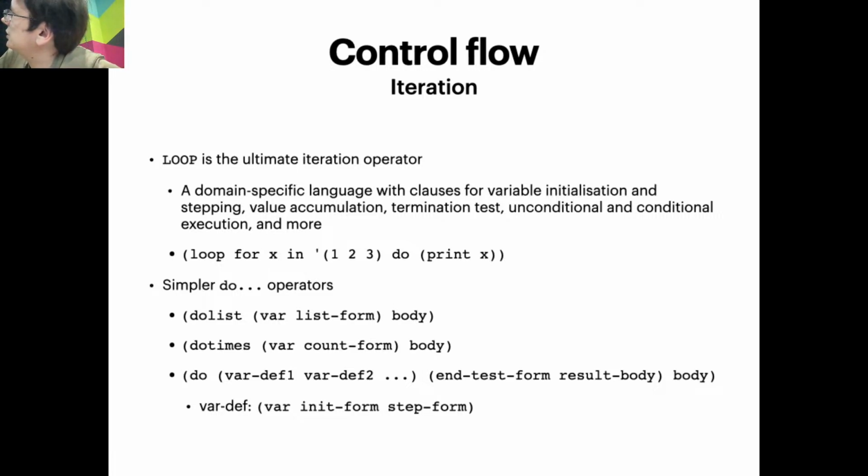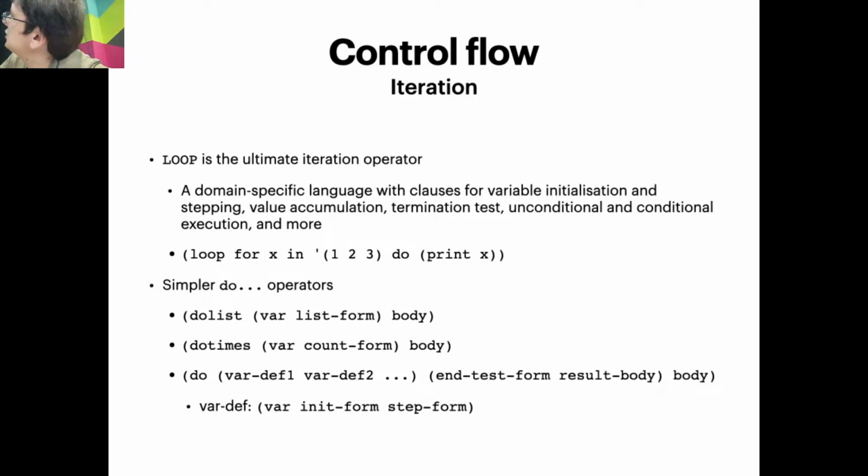Then this operator executes whatever comes after do. In this case, it executes print with the changing x variable. So this whole operator would print 1, 2, and 3 in this case.